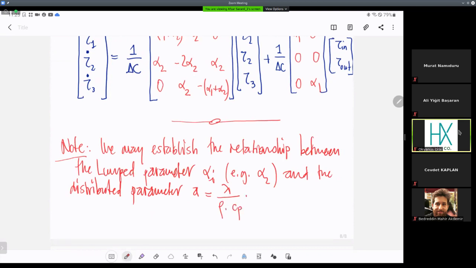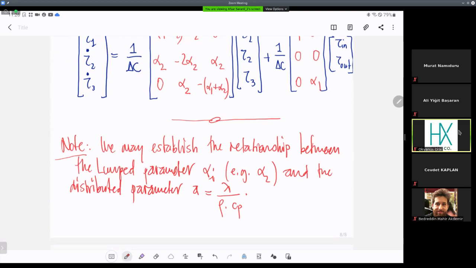Okay, so there is a distributed parameter that we have given a different name. We called it A, and what was the name? I believe it was called the factor of heat conductivity for the continuous version. And we also have alpha, which we call the heat transfer coefficient.